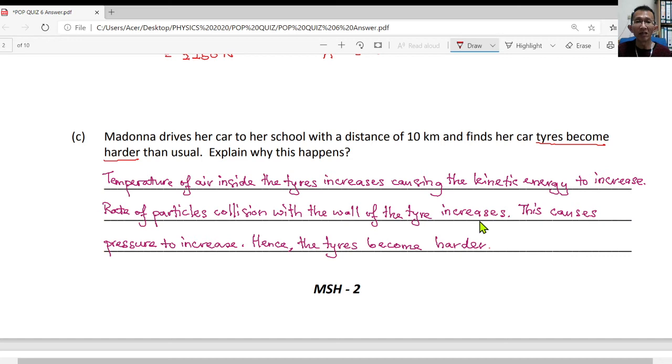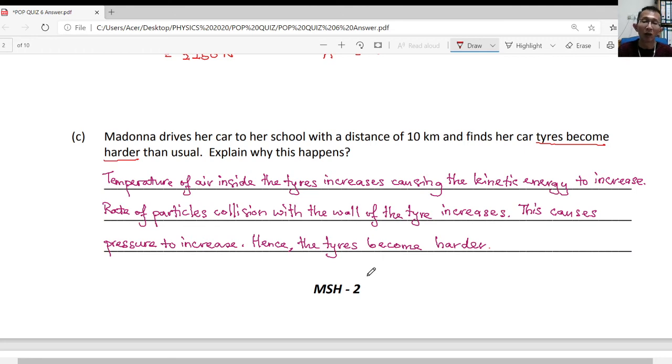So when the rate of collision increases, this in turn will cause the pressure to increase. And if the pressure is increased, therefore the tire will become harder. Okay, do you get that?